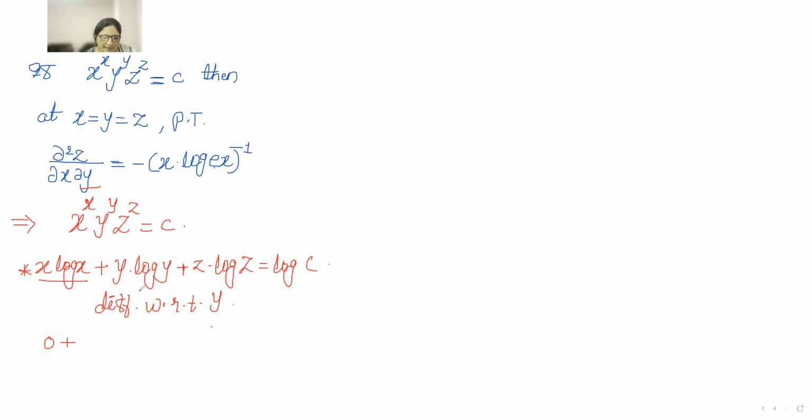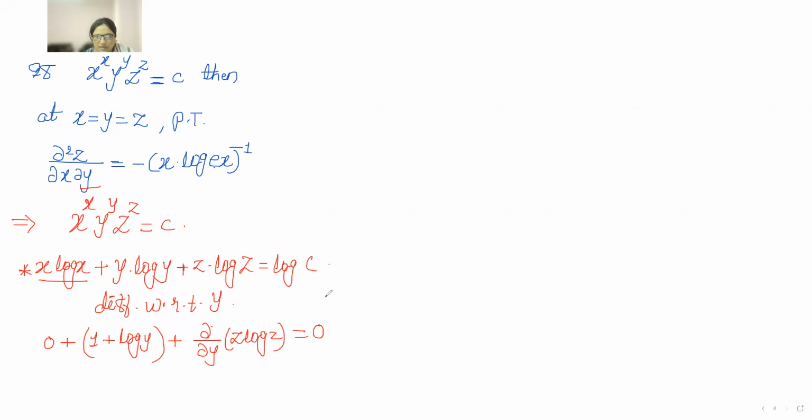Y into 1 upon y, that is y upon y, plus the derivative of y, which is 1, into log y. So it is 1 plus log y, plus derivative of z into log z, which is 0.